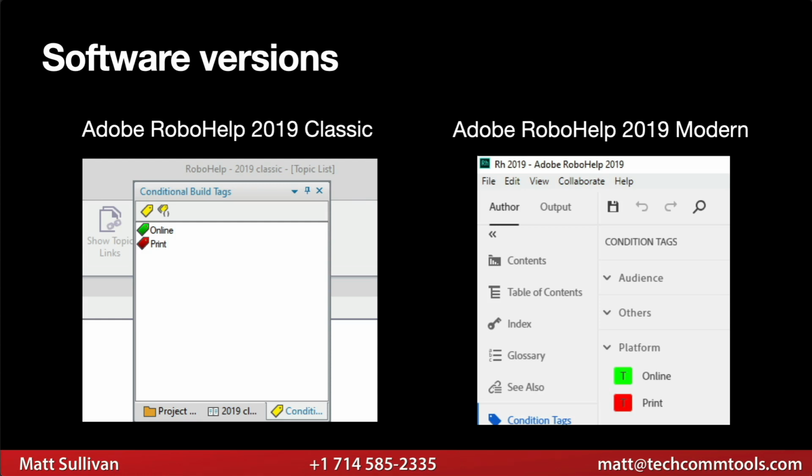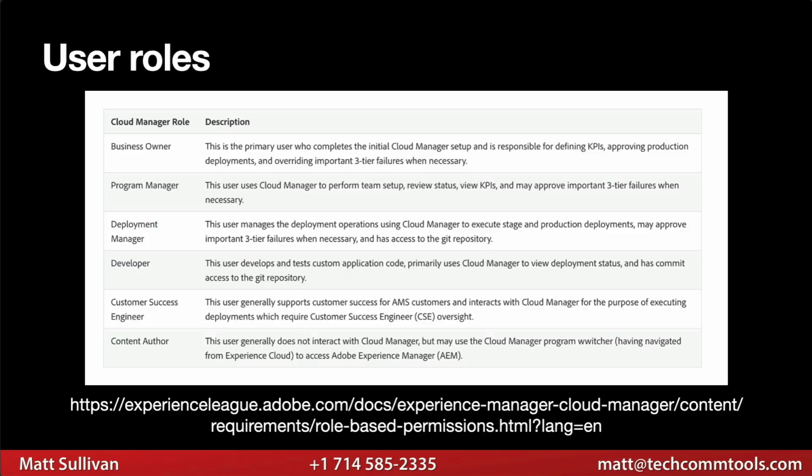As you can see in this screen capture, in the 2019 release, which included both the older interface, the 2019 Classic interface, and the newer 2019 Modern interface, the default build tags supplied with RoboHelp, online and print, are named the same, but the name of the panel that contains these tags has been changed from conditional build tags to condition tags.